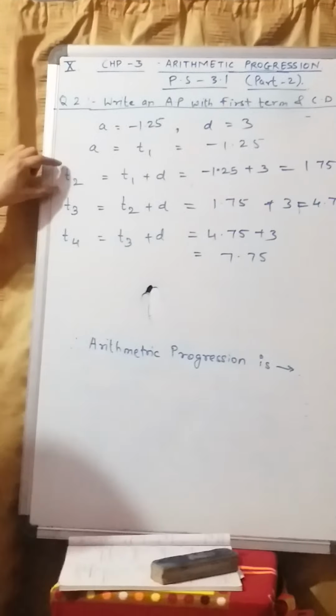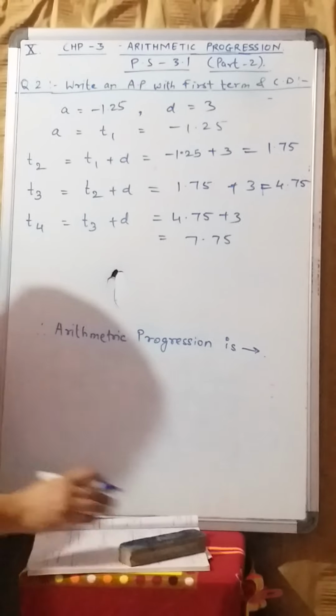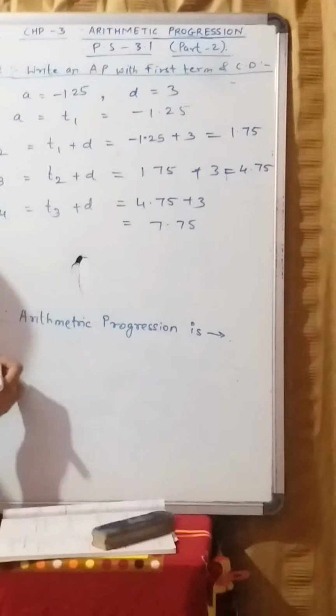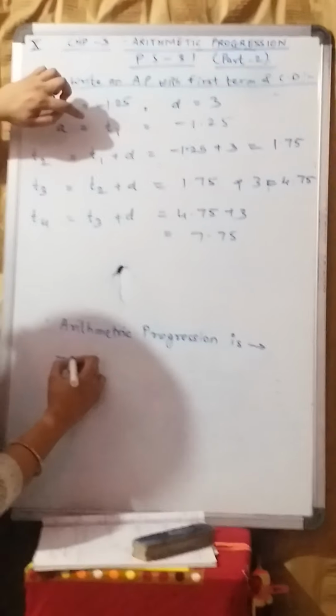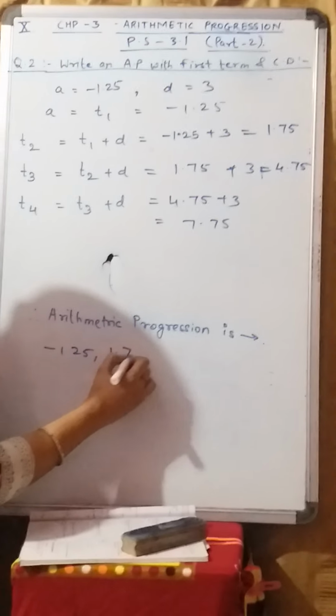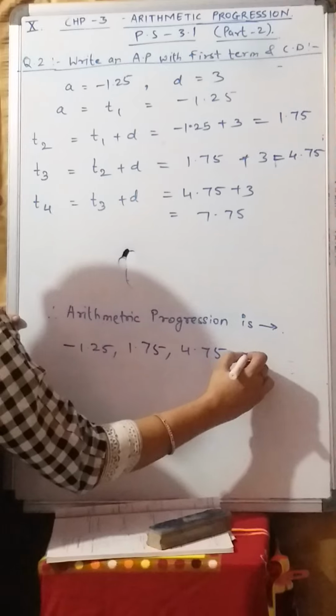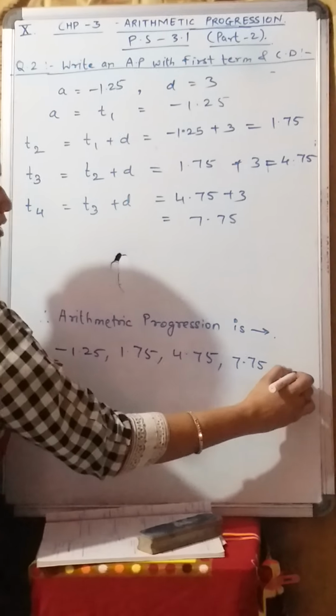Only to find T2 was a little bit different because you had to subtract. And now your sequence is: the first term was -1.25, the second term was 1.75, the third term was 4.75, and the fourth term was 7.75 and onwards.